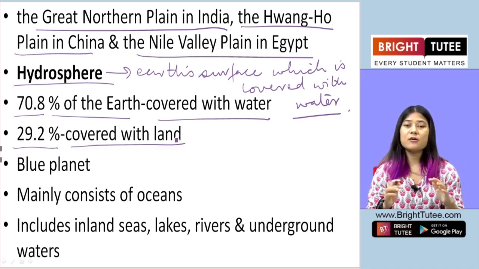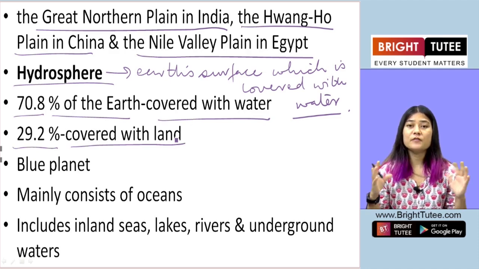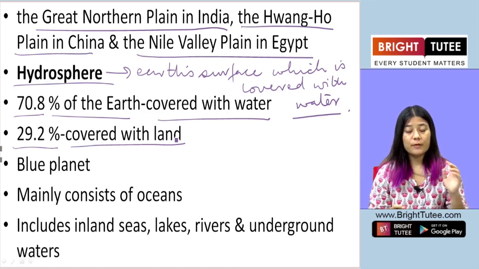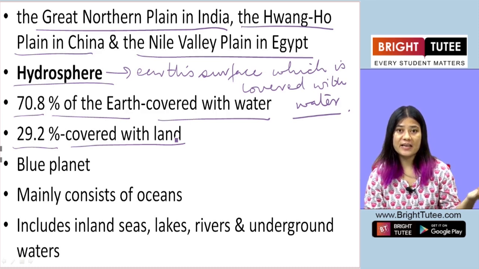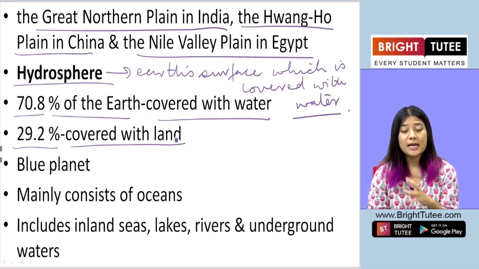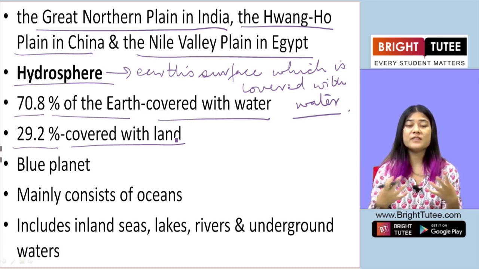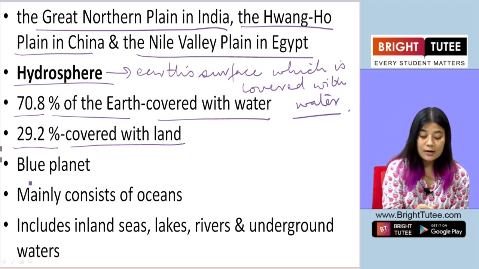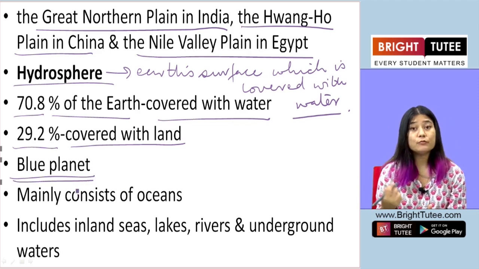Because most of the area of planet Earth is covered with water, it appears blue from space. If you go to space and look at planet Earth, it looks blue because most of the area is covered with water. Because of that, Earth is also known as the blue planet.